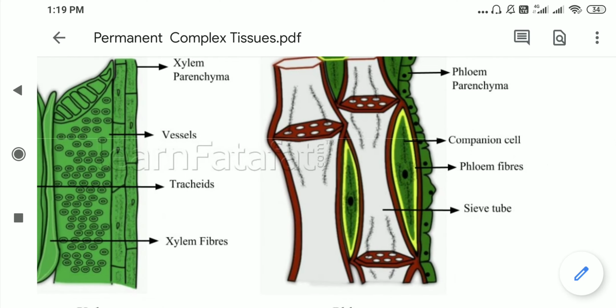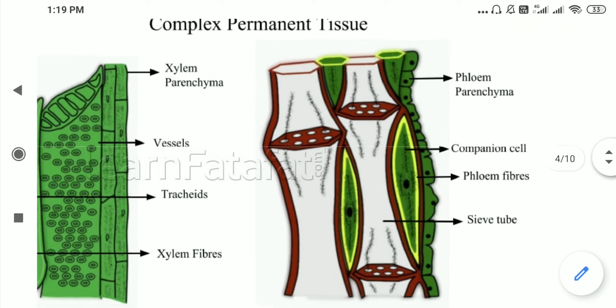Sieve tubes are long tubular structures, all you are seeing, composed of elongated, that means long, cells. The end walls of sieve tube elements are called sieve plates.